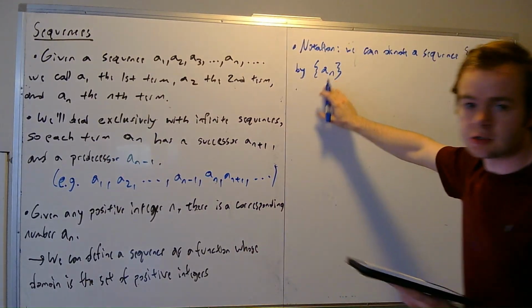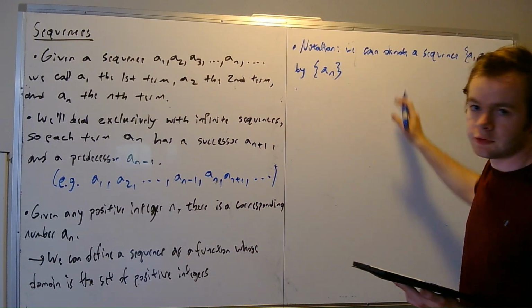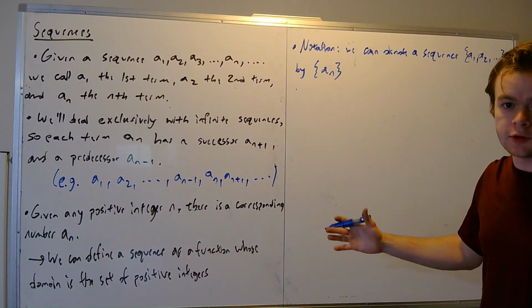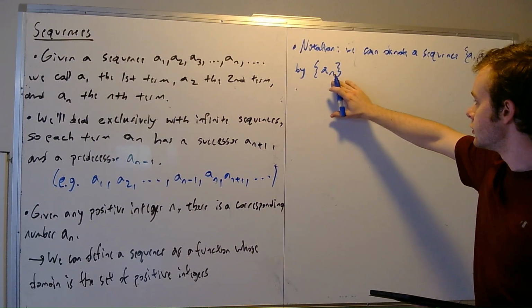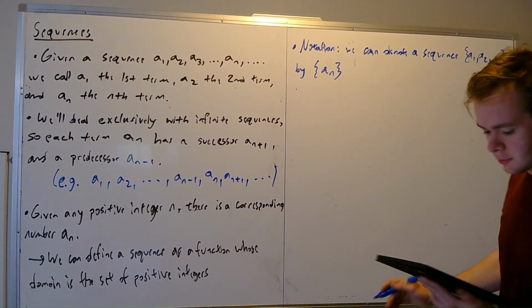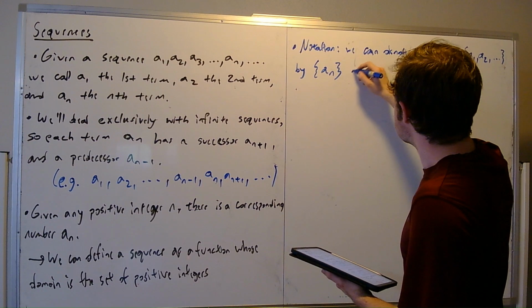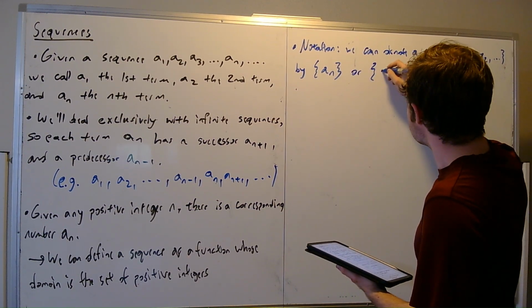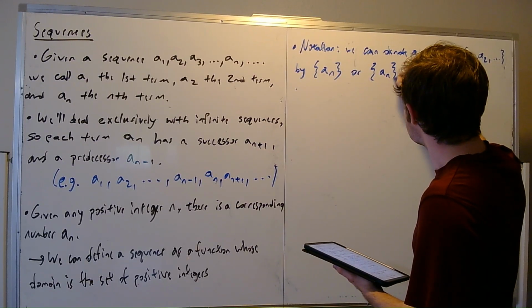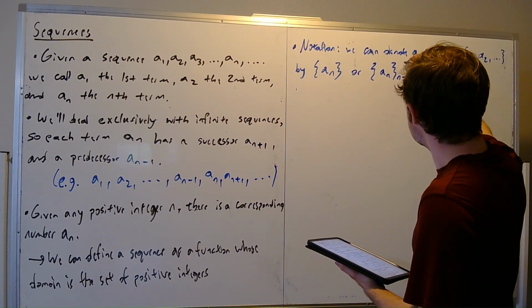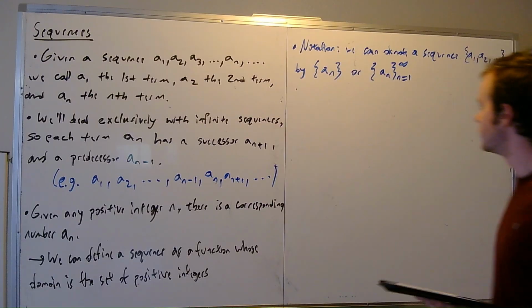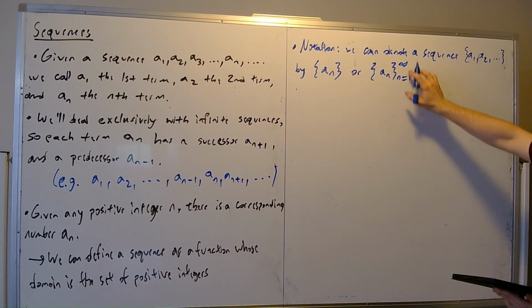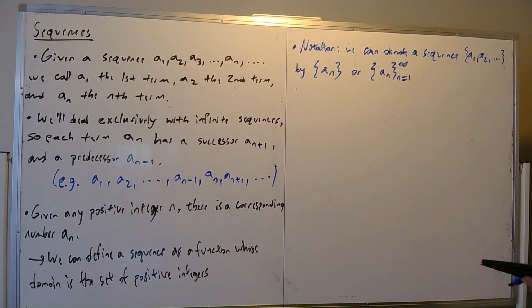So this notation just means all of the numbers, right? So a_1, a_2, a_3, and just all of the entries, right? So this is the collection of all of these. Or we can be a bit more specific with it: this is the collection of a_n from n equals 1 to infinity, right? So this is just all entries a_n, where n is ranging from 1 to infinity. This means the same thing.